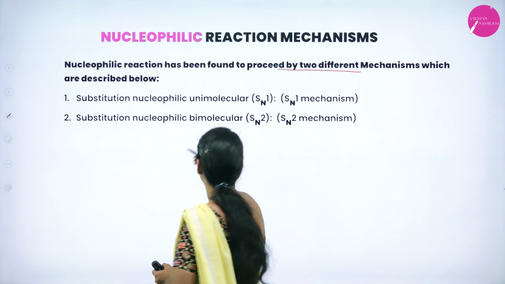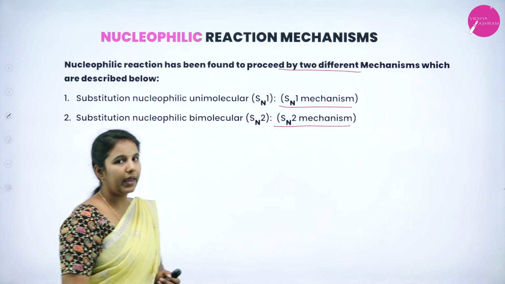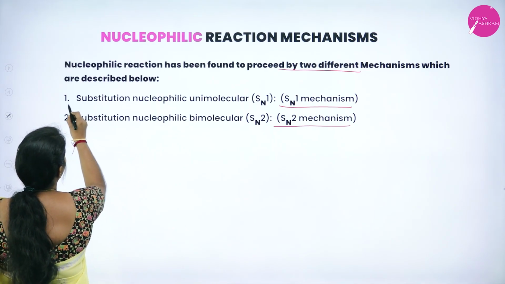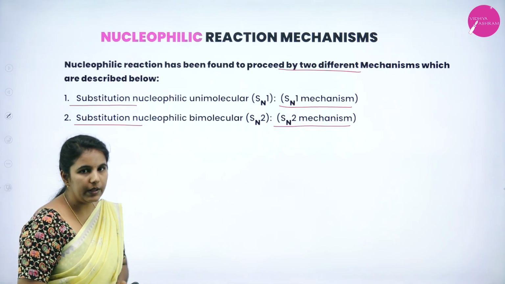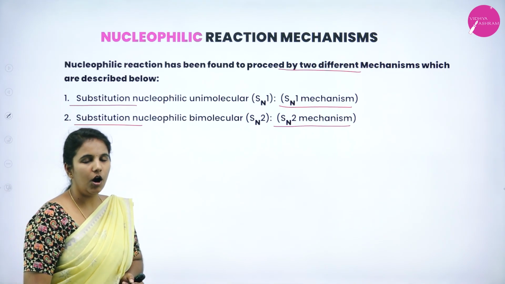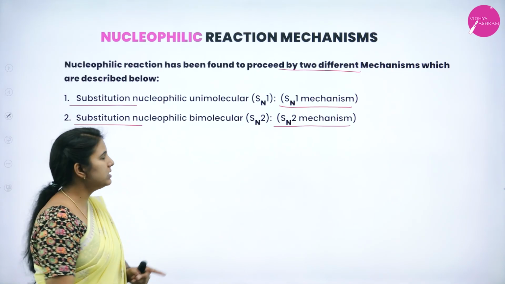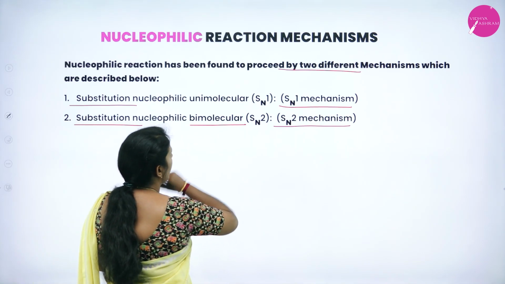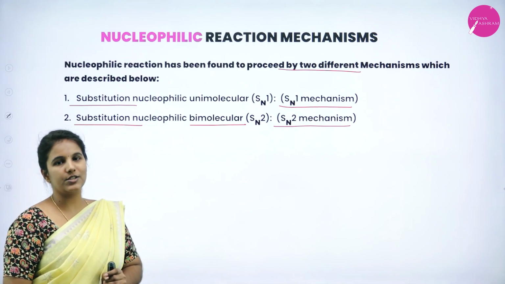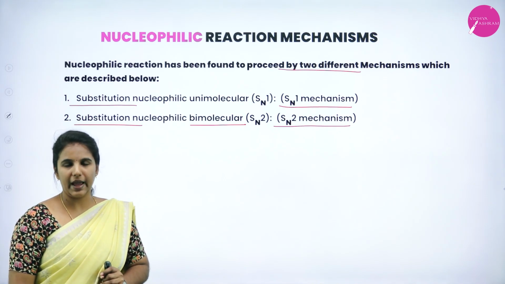The first one is the SN1 mechanism, also known as substitution nucleophilic unimolecular mechanism, and the second one is substitution nucleophilic bimolecular reaction, or second order reaction, written as the SN2 mechanism.